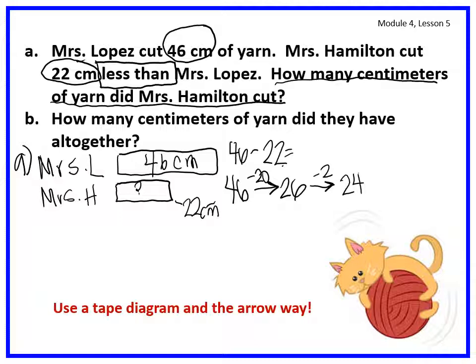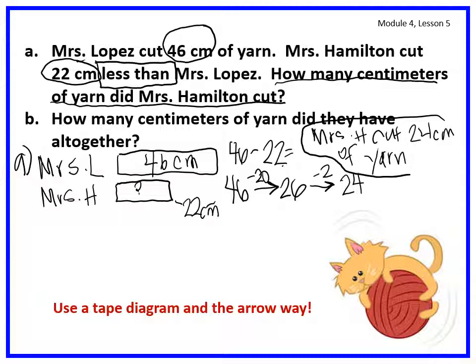If I put that back into a sentence, Mrs. Hamilton cut 24 centimeters of yarn. Now I look at B. So there's my answer for A. And I'm going to circle it just because it is pretty busy up here and a little bit messy, so I want to make sure that my answer stands out.